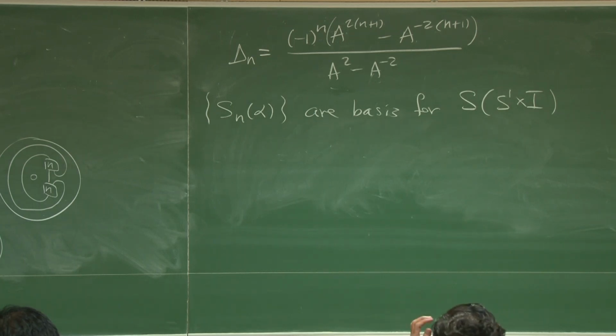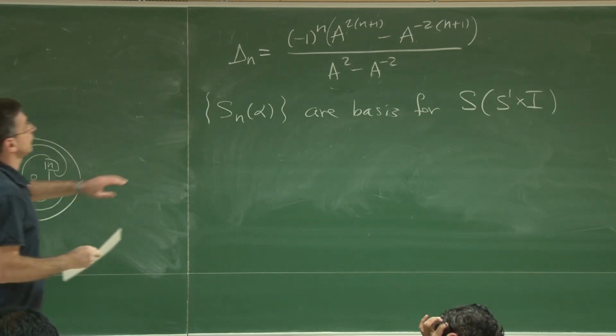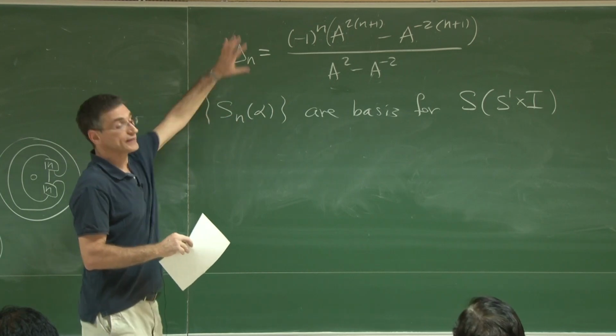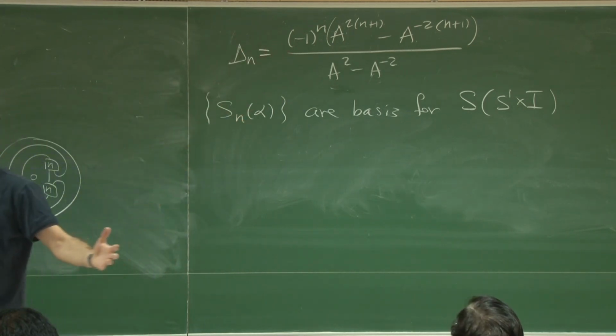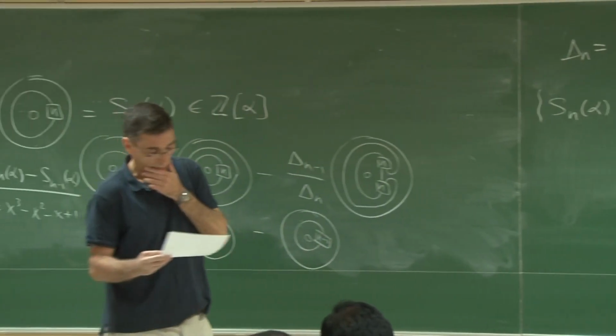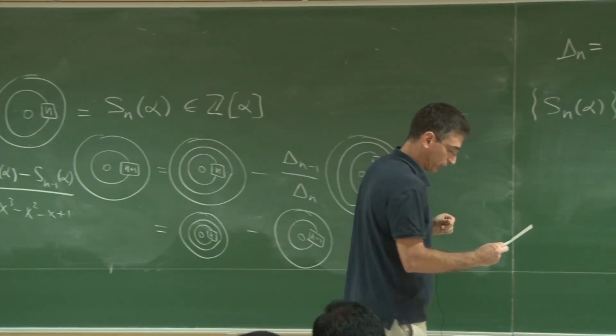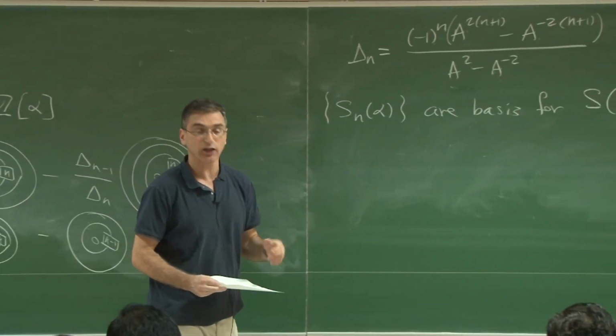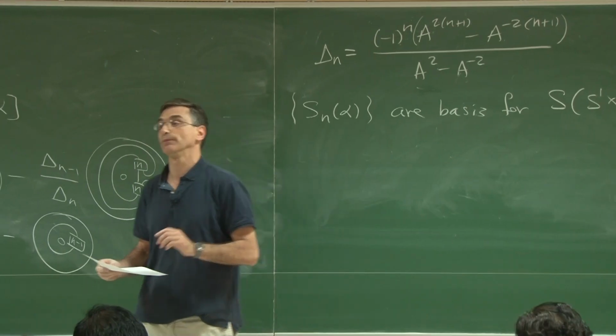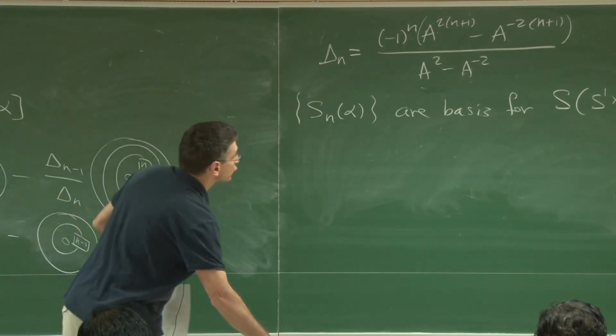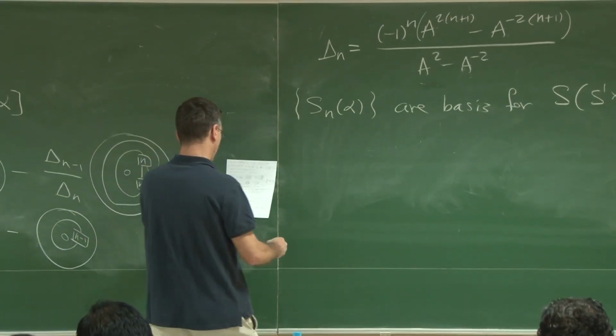So in this basis, with exactly this value, everything is now explicit. And so what we're going to do now is construct the colored Kauffman bracket polynomial. This is the construction for the colored Kauffman bracket.